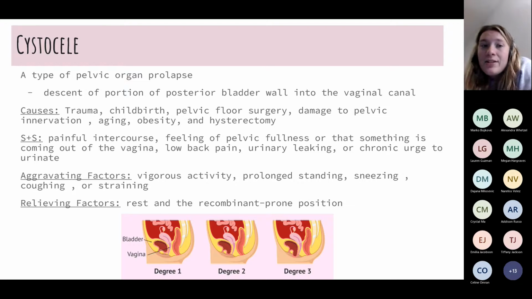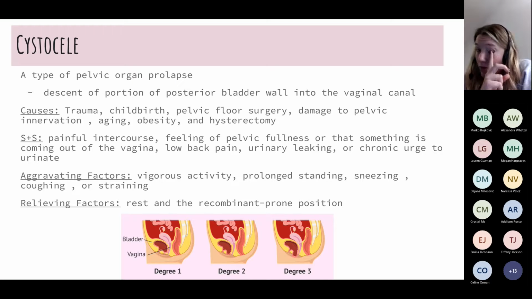So when we talk about our cystocele, this is a type of pelvic organ prolapse. Lots of different causes, a lot of which is going to be trauma, pressure, etc. to that pelvic floor: childbirth, obesity, hysterectomy, etc. With our cystocele, though, what happens is a portion of the bladder wall actually prolapses into the vaginal canal.